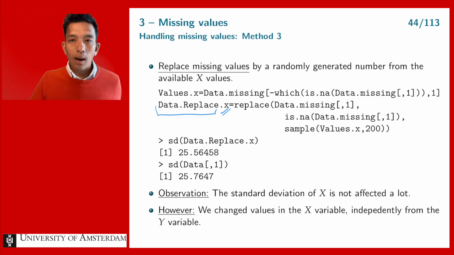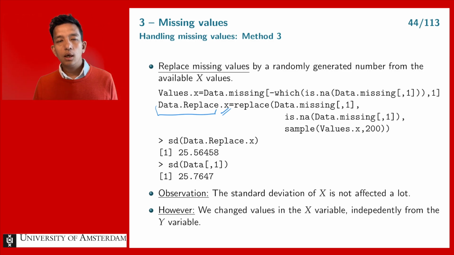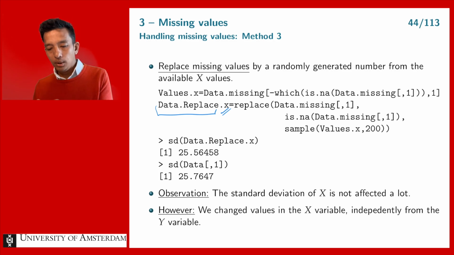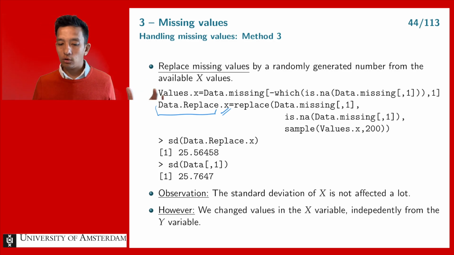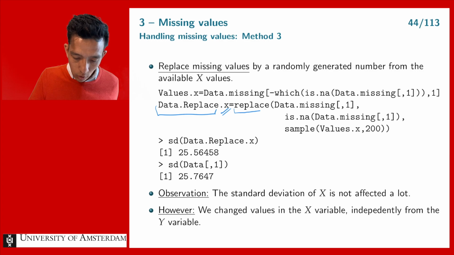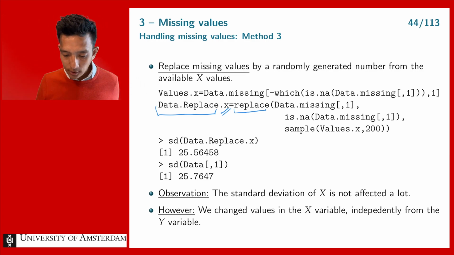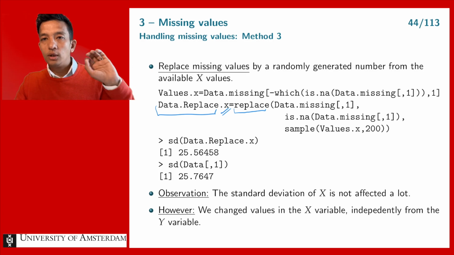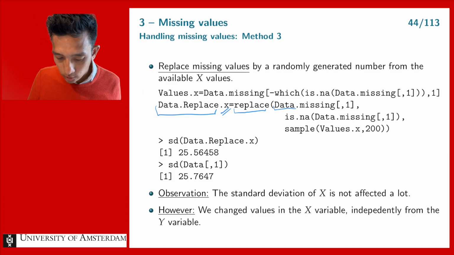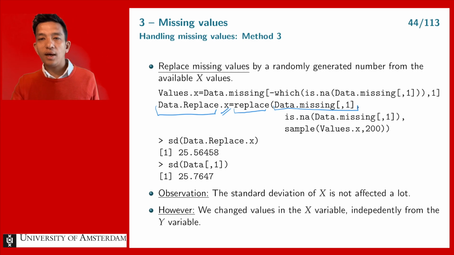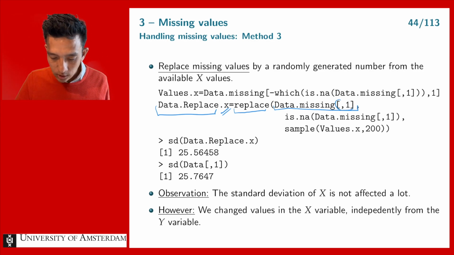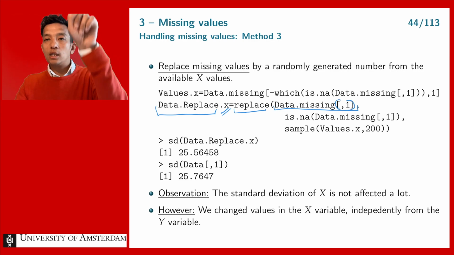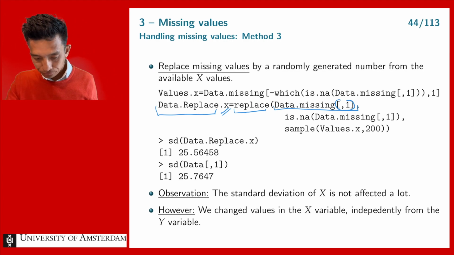However, I'm going to replace the missing values not with the sample mean, but with a randomly generated number. So if I use the replace function again, there are only missing values in x, so in the first column. So I'm going to only look at the first column, data.missing. The comma 1 indicates I take the first column.